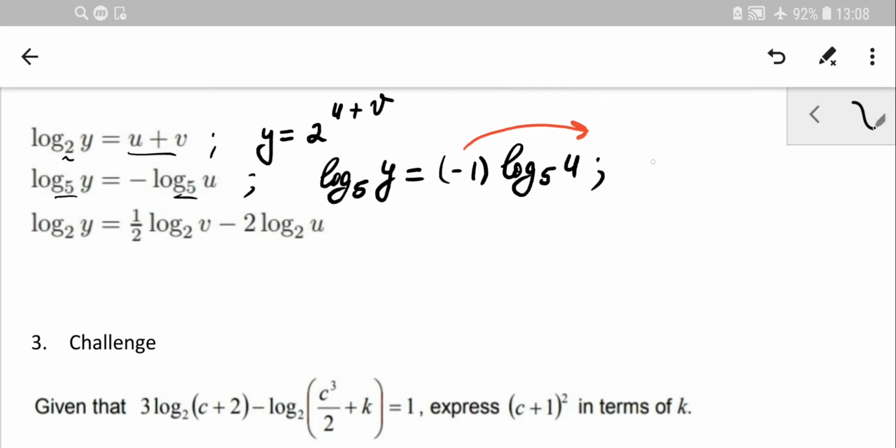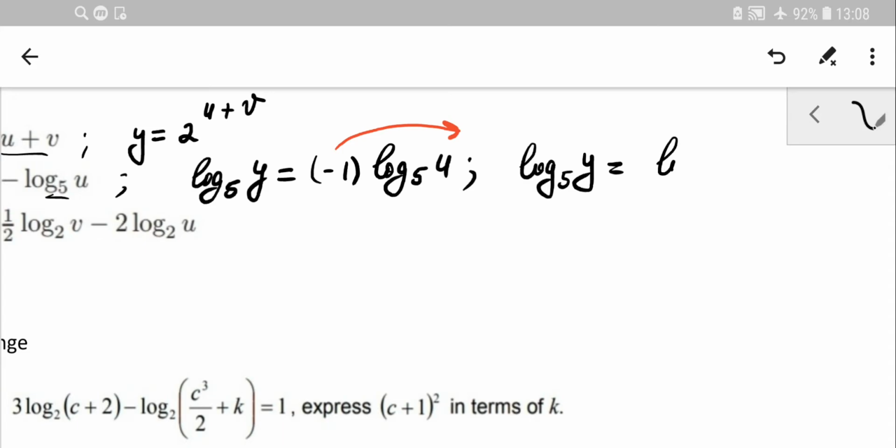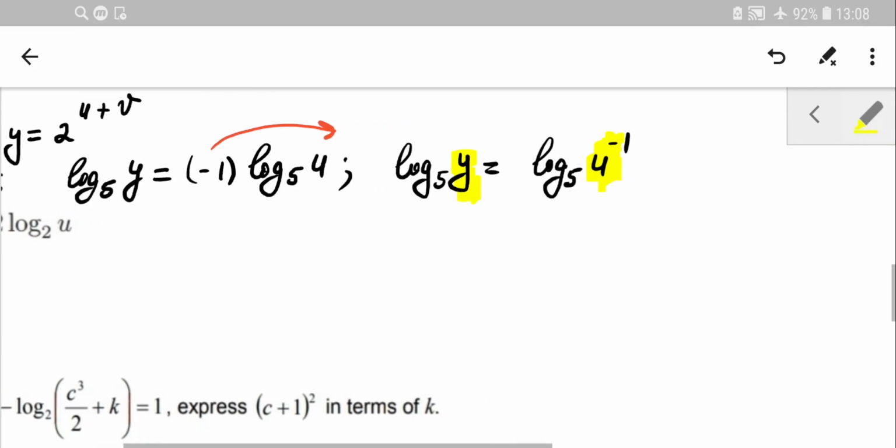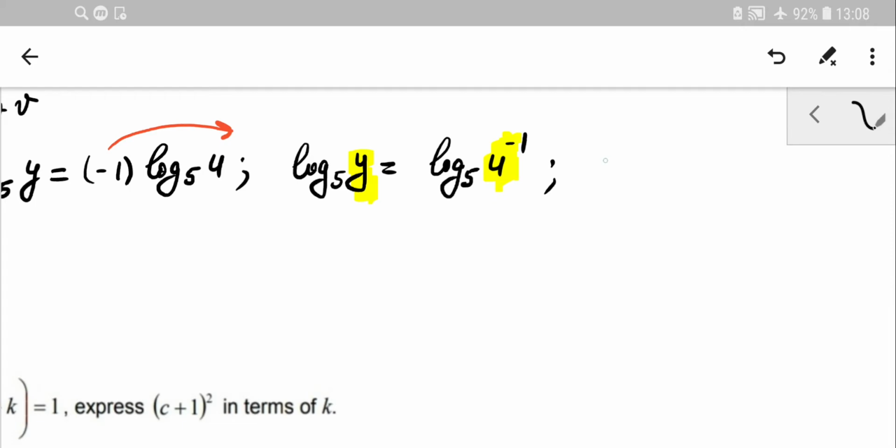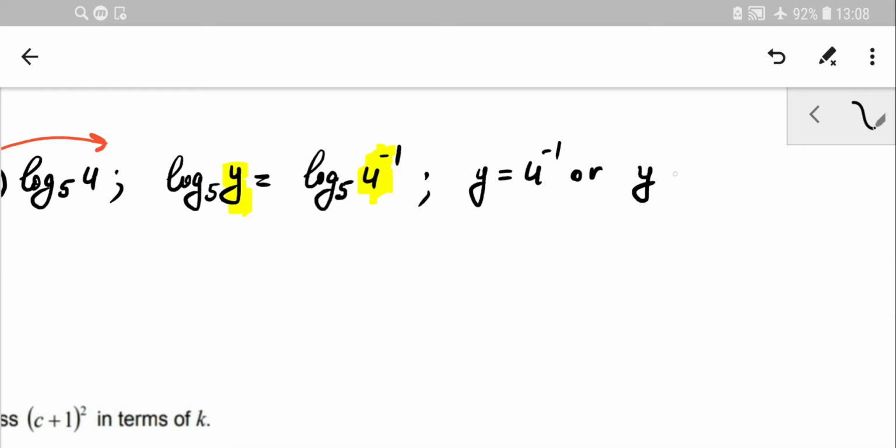So I can state that log 5y equals log 5 u to the power negative 1, from where I can equate y and u to the power negative 1. So I'll finally get the following: y is u to the negative 1, or I can also write y equals 1 over u.